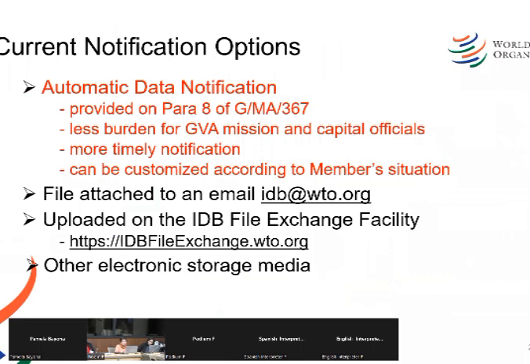And one of the best ways that you can provide this is through the automatic data notification, where all the data that we need can be easily accessed from your own server. The data can be notified to us ahead of even the deadlines, in a very timely manner. And it can be customized according to your own situation, like I mentioned earlier.